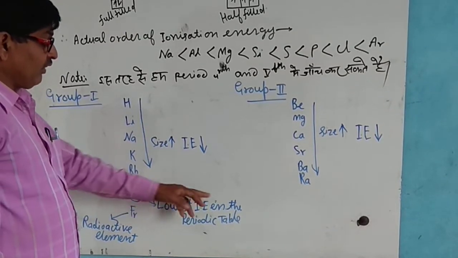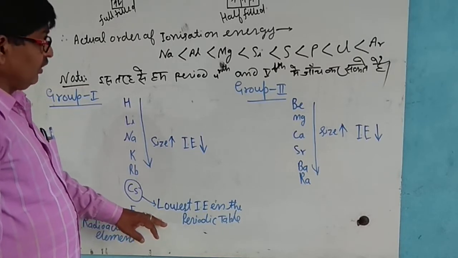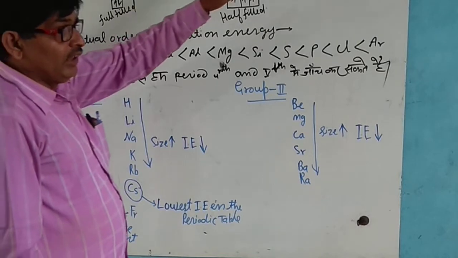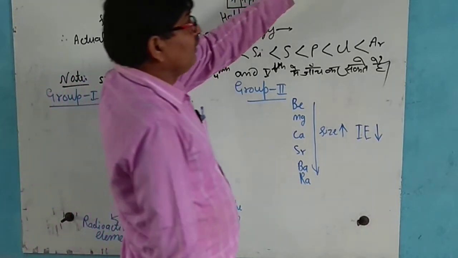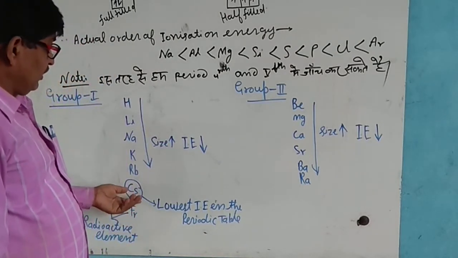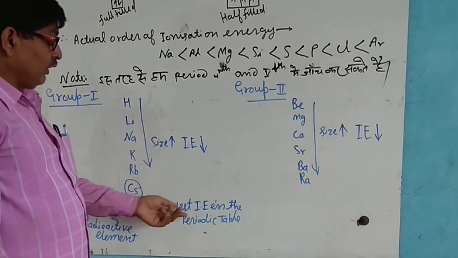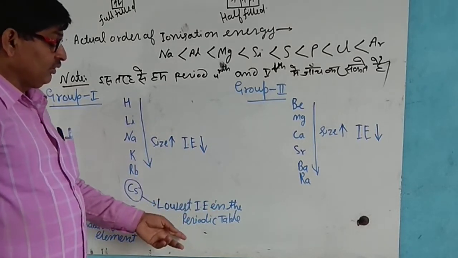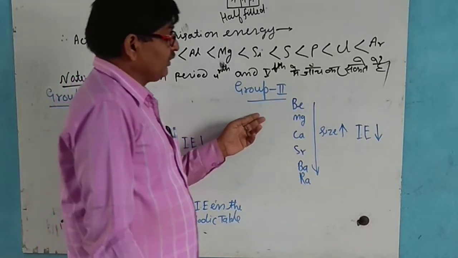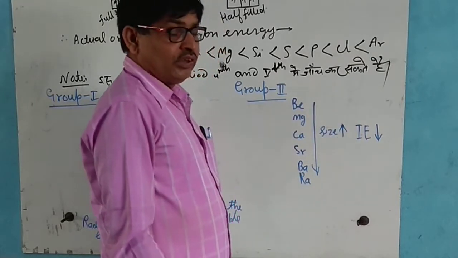Cesium has the lowest ionization energy of the periodic table. Helium has the highest ionization energy of the periodic table elements, and cesium is the lowest. Now in a group, as size increases, ionization energy also decreases.